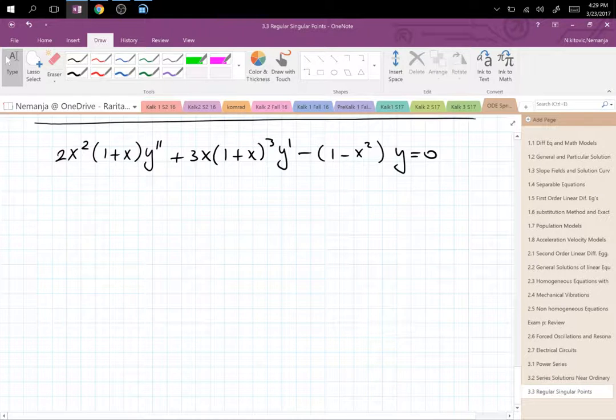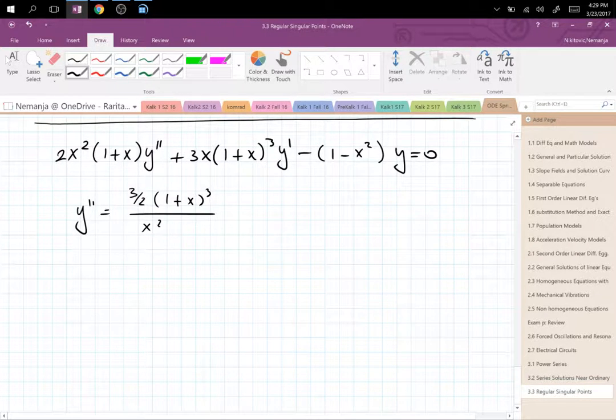So we are going to divide everywhere by x squared, so I'm getting y double prime equal to 3/2 times 1 plus x cubed divided by x squared times 1 plus x, y prime, minus.